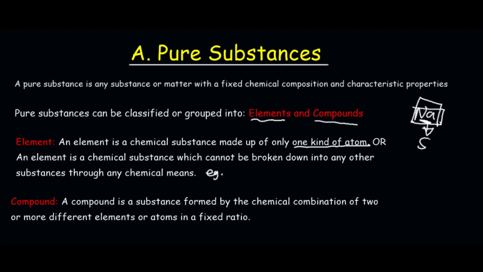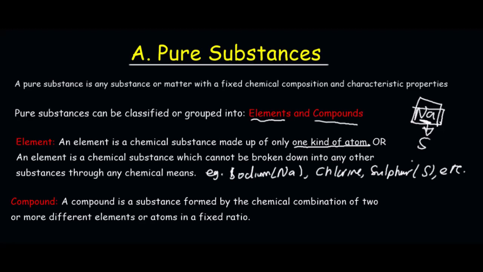Some examples of elements include sodium, which has the symbol Na, chlorine, sulfur, etc. In fact, we have more than 109 elements according to the periodic table.